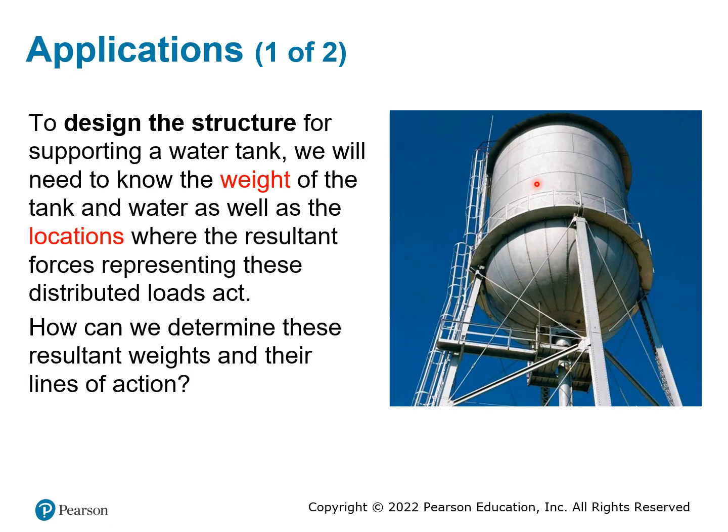If one side is heavier, like this side is heavier, you are expecting this leg here to support more of the load. So we need to know how to find the center of the mass or the center of the weight, so that we can do a precise calculation.